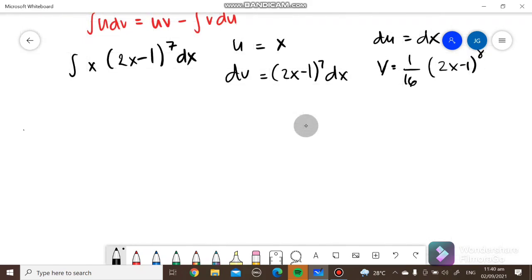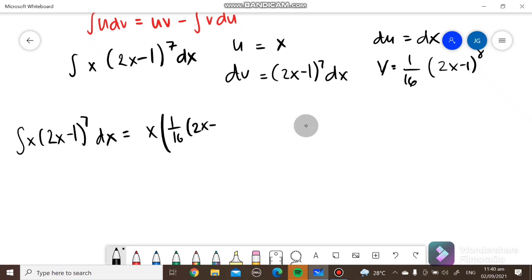So, the integral of x 2x minus 1 raised to 7 dx is equals to u, which is x, the v, which is 1 over 16, 2x minus 1 raised to 8, minus the integral of v, which is 1 over 16, 2x minus 1 raised to 8, and our du, which is dx. Okay?